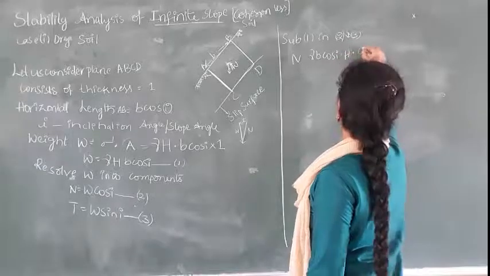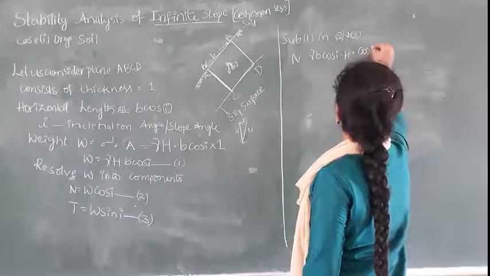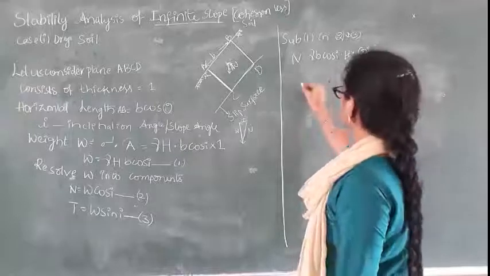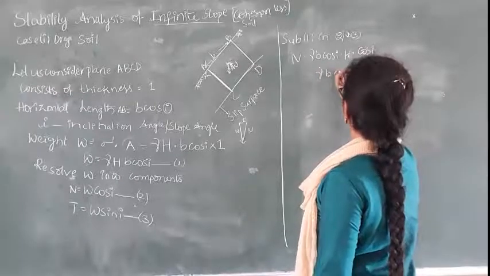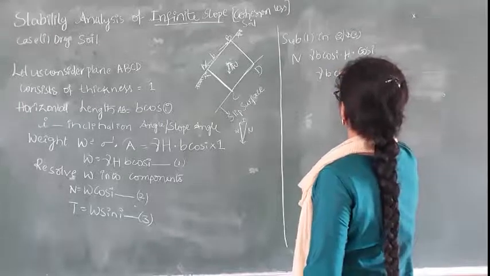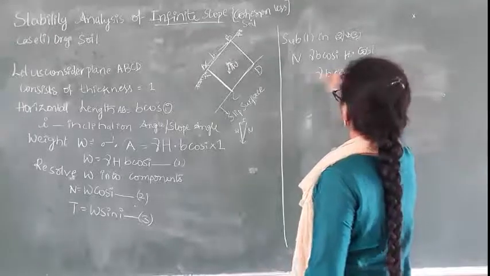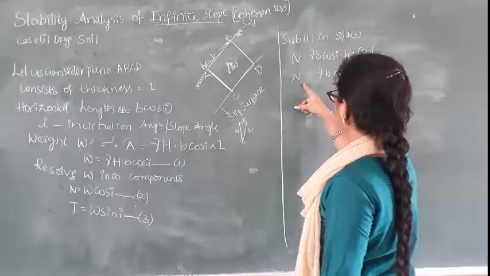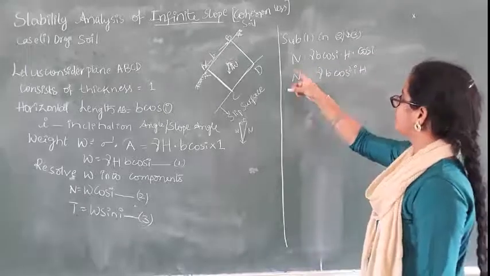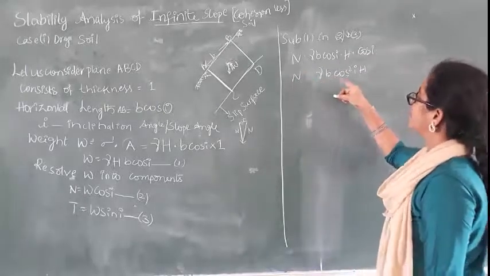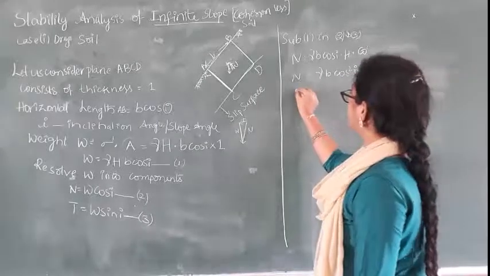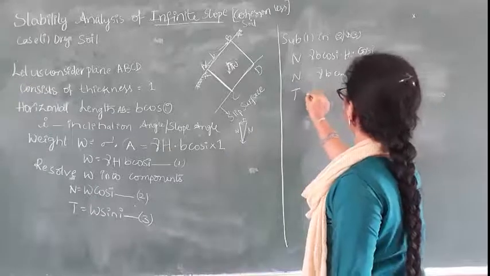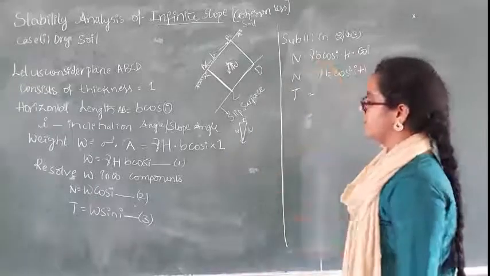So N will be equal to gamma b cos square I into h. So the normal component of weight is equal to gamma b cos square I h. And what is T now? Substitute 1 in 3.